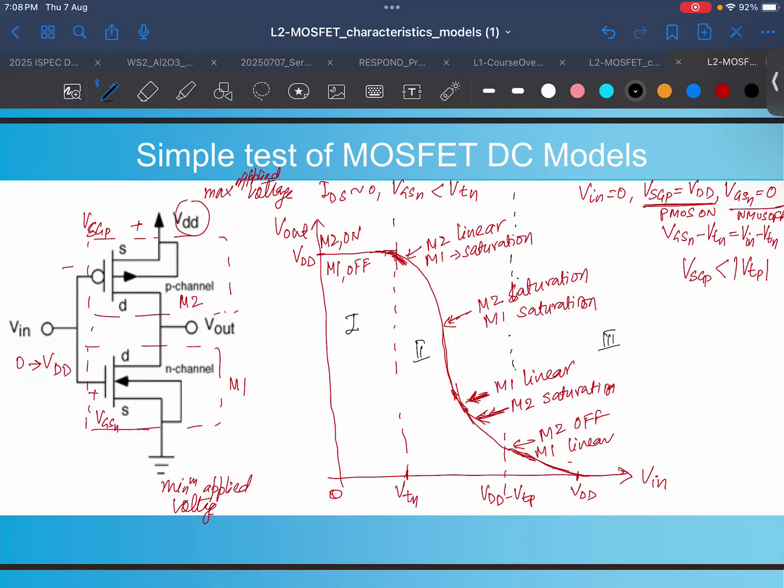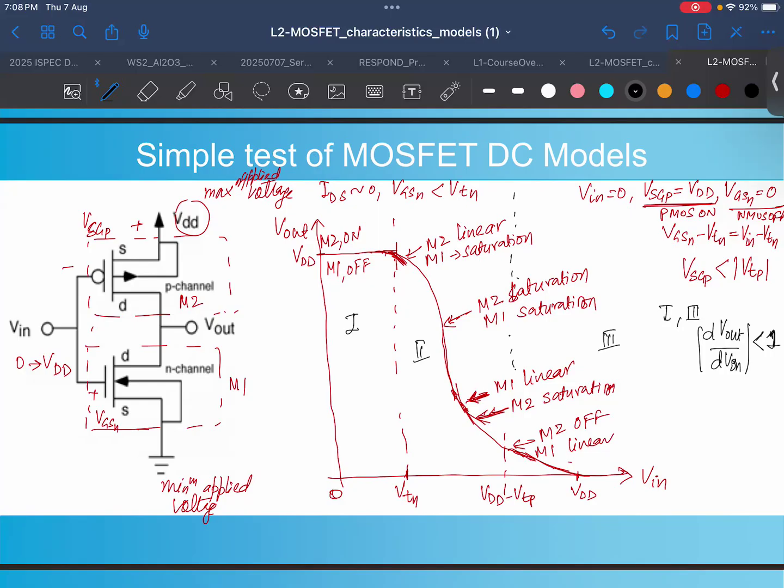In region 1 and 3, we see the mod of dV out by dV in is much smaller, either 0, as is the case in the first region, or very small. So this is the derivative which we are taking. And why are we interested in the derivative? Because we just want to see how V out is changing with V in if we apply a small V in.